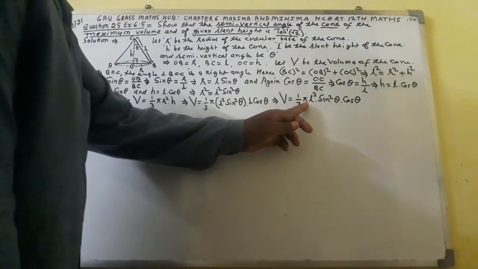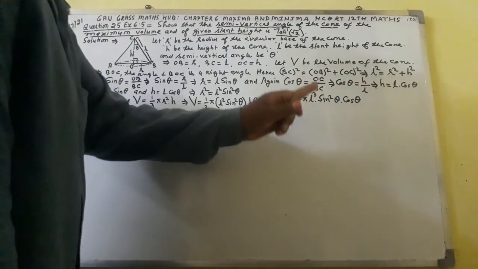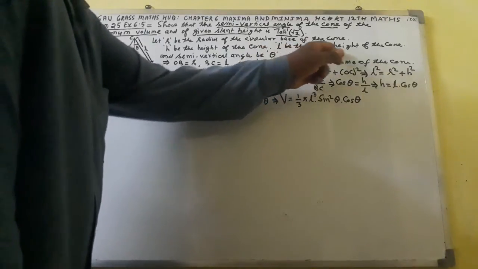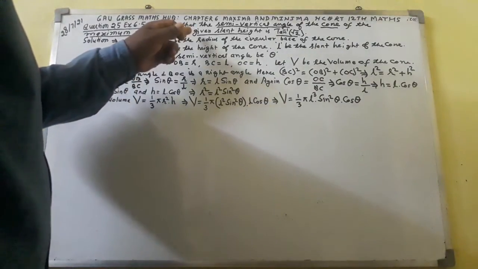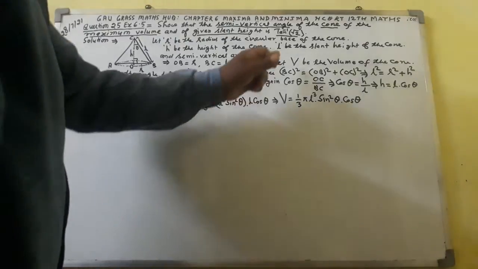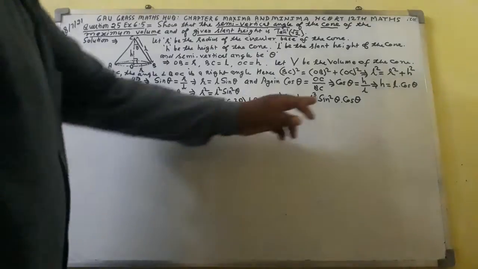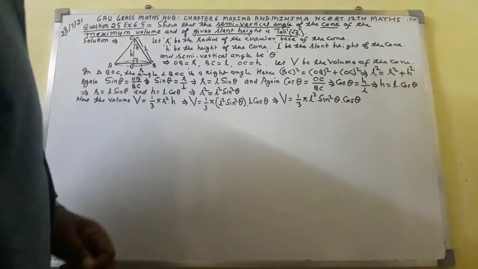Here pi is constant, and L is the slant height of the cone. It is given in the question that the slant height is given, which means the slant height L will be constant. The variable will be theta.